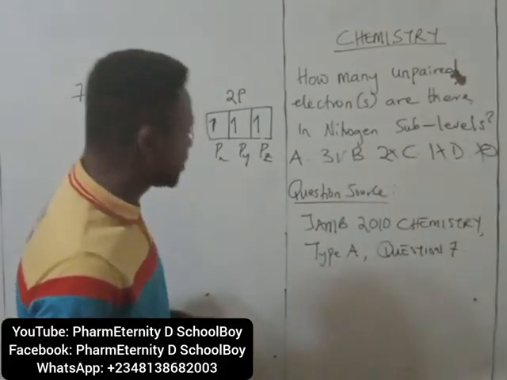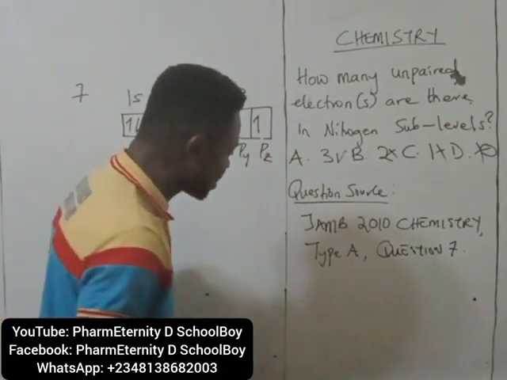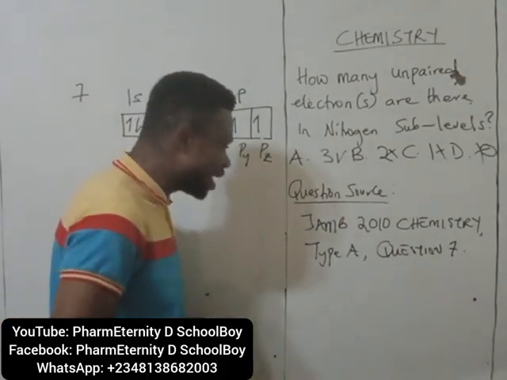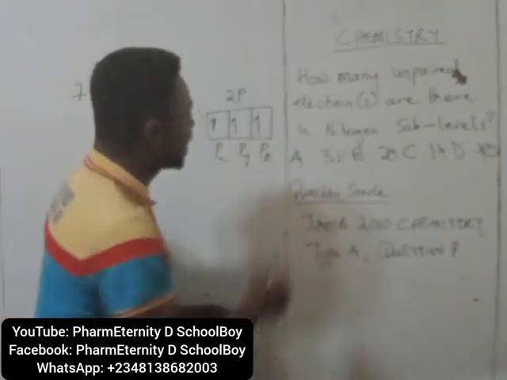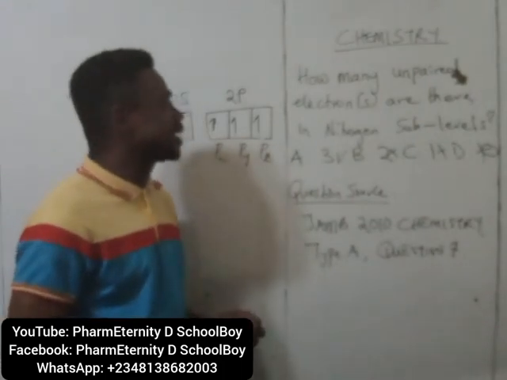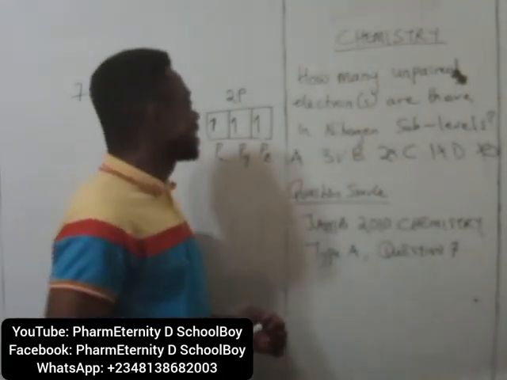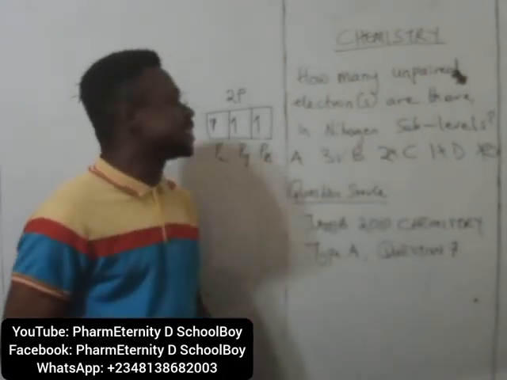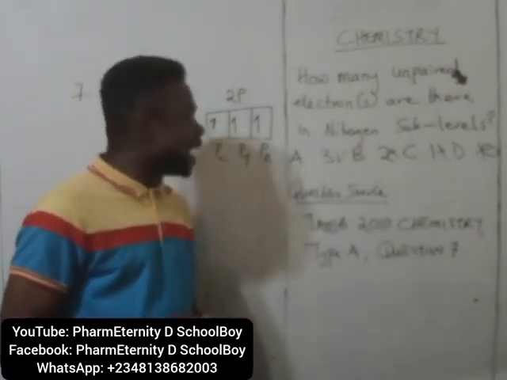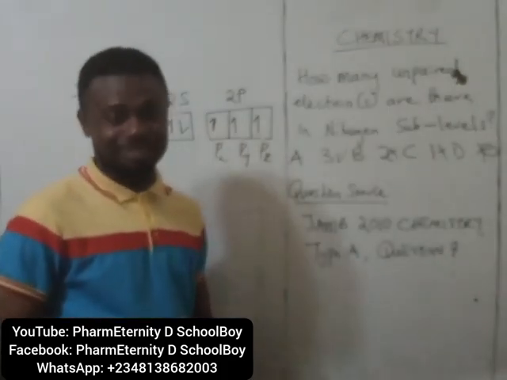So the answer to JAMB 2010 Chemistry question paper Type A, Question 7 is 3, which is option A, which says that there are 3 unpaired electrons in nitrogen sublevels.